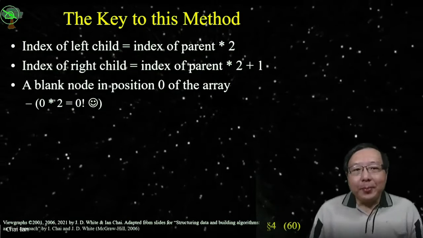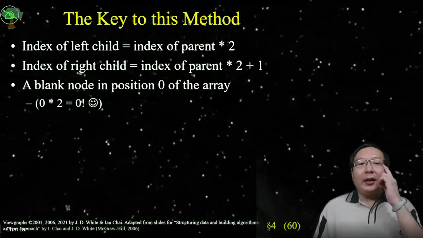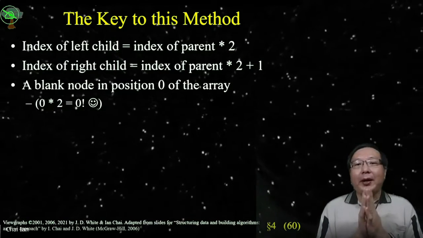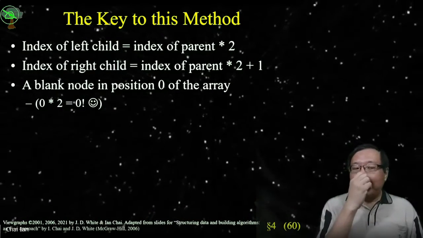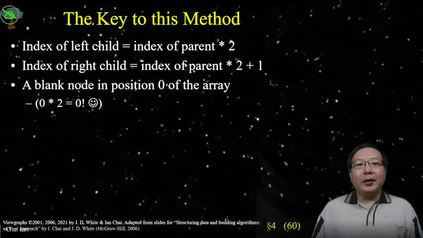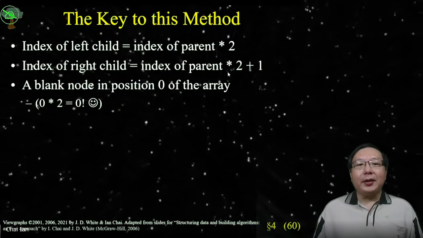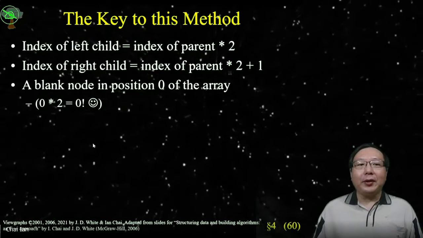Now, the key to this method is that the index is figured out by calculation and not by actually storing the index. So the index of the left child is the index of the parent times 2. And the index of the right child is the index of the parent times 2 plus 1.